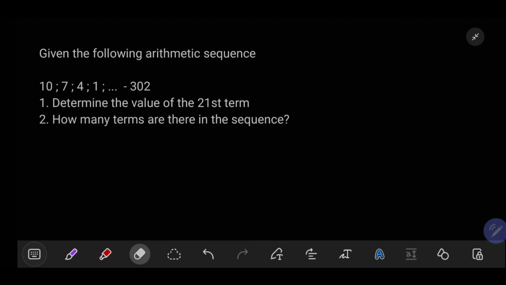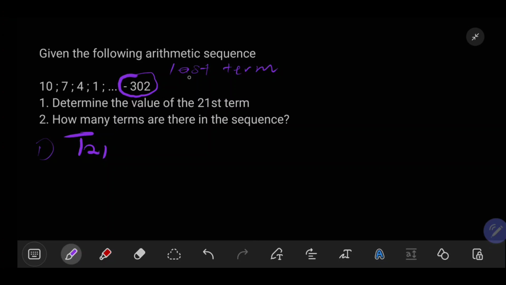If you see a pattern shape like this, it means this last value is the last term of the sequence. The first question says to determine the value of the 21st term, which is term number 21.